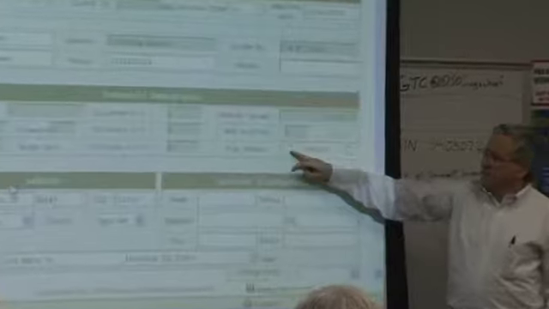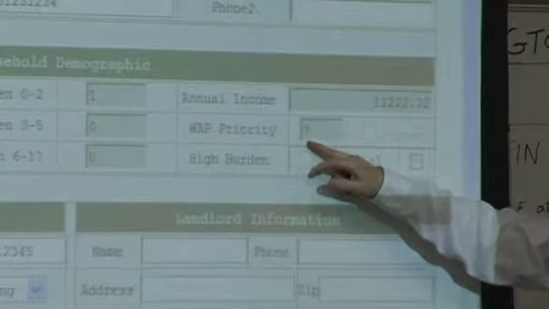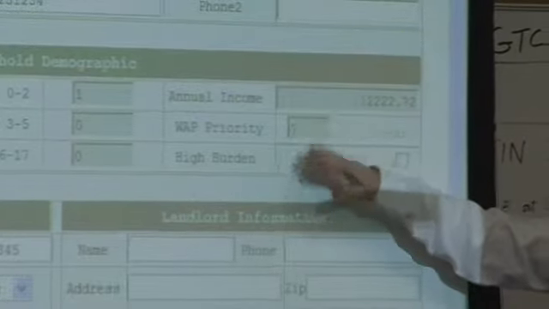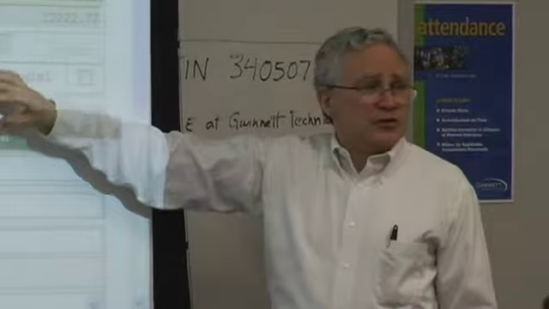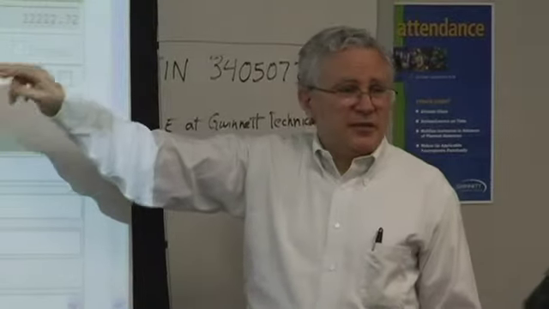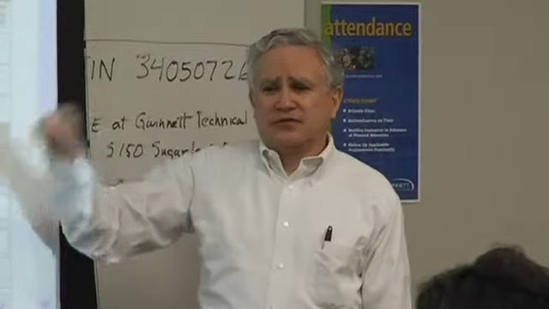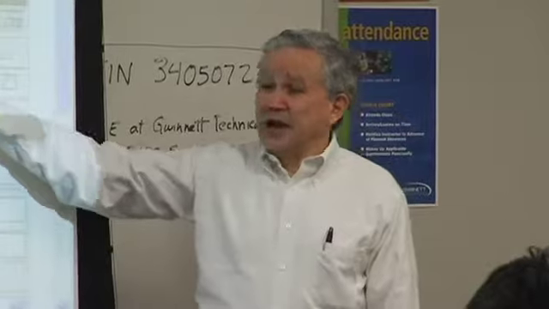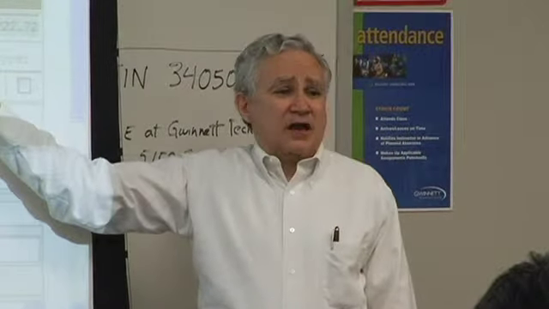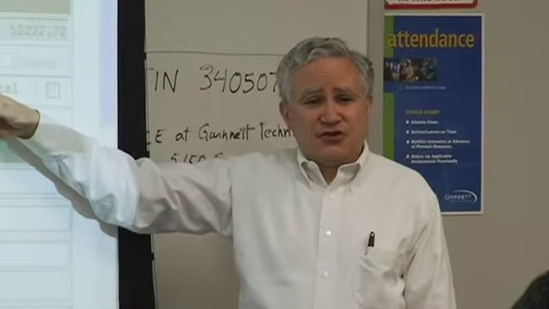Okay? So they've got a generated ranking here of a number 7 based on their family size and income and energy usage. So this priority is based on a priority calculation, again, that was determined by the DOE and the state. It tends to put a higher priority nowadays on energy usage because that was dictated by the Department of Energy.